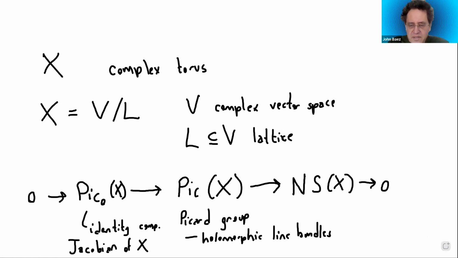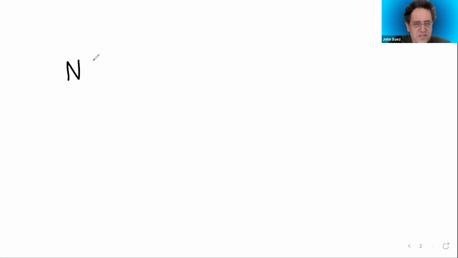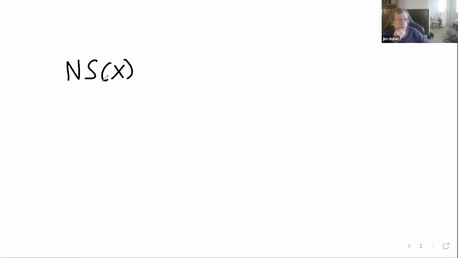Part of what was confusing me for a while is that this Néron-Severi group has a bunch of different descriptions. There were about 3 that seemed very prominent, in addition to the one that I just gave.